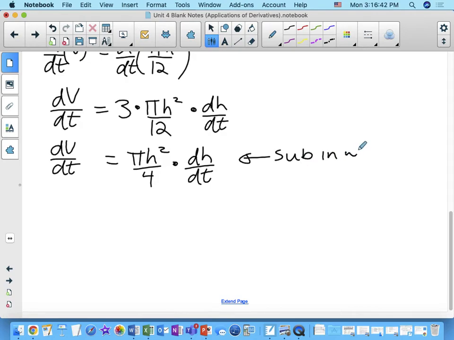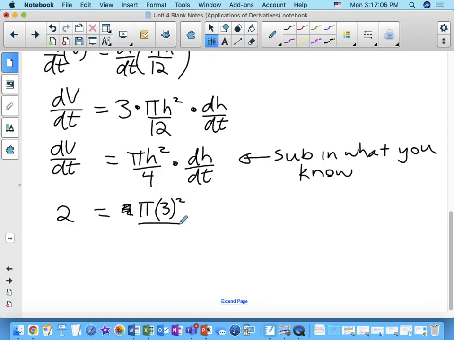Okay, so now sub in what you know. And at this stage, we know dv by dt is 2 pi. And then h was 3, right? We wanted to know the change in height with respect to time when the height was 3.